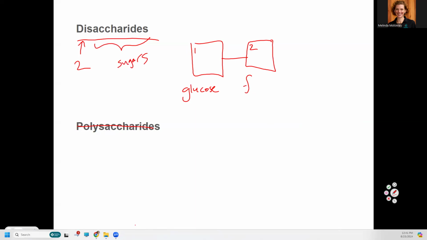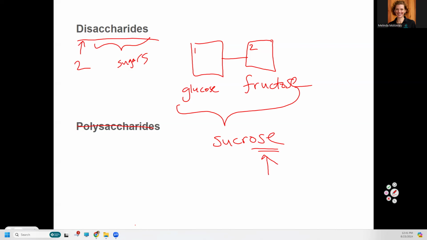This combination together is called sucrose, which you may have heard of. This is the most common type of sugar that plants move around in a disaccharide when they're transporting it. -ose on the end, sucrose.